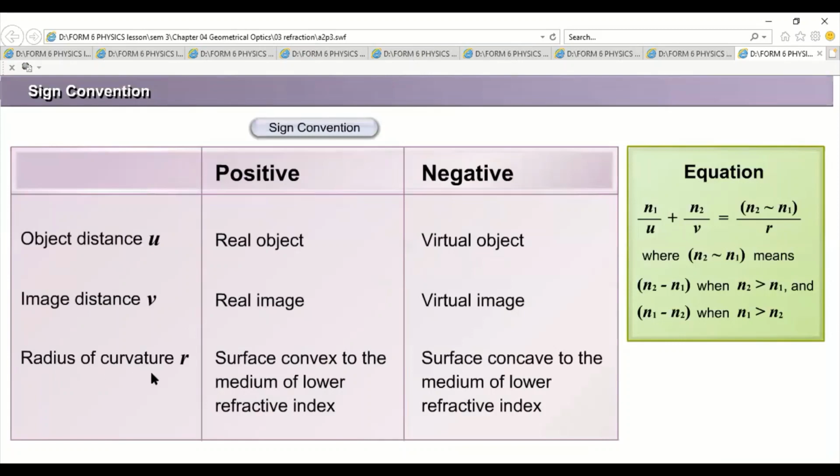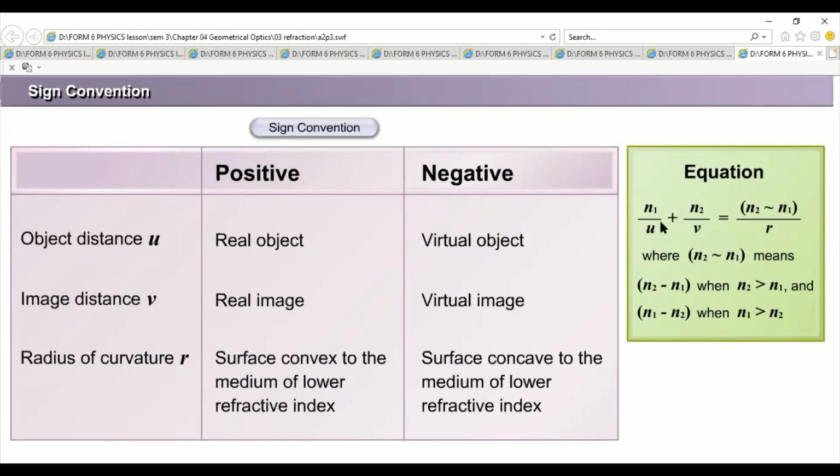And R, the radius of curvature, is positive for a surface convex to the medium of lower refractive index, meaning the refracting surface is a convex surface. R is negative for a surface concave to the medium of lower refractive index.